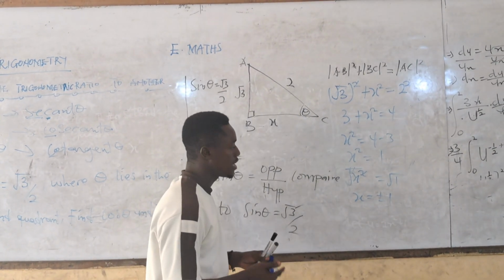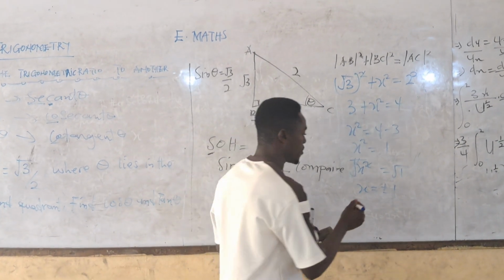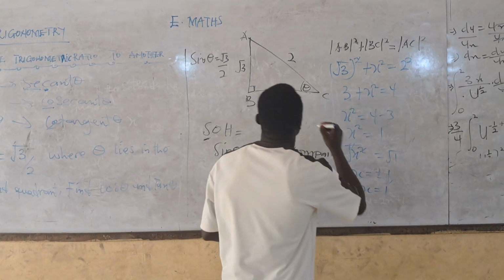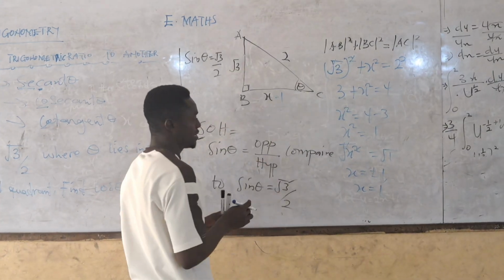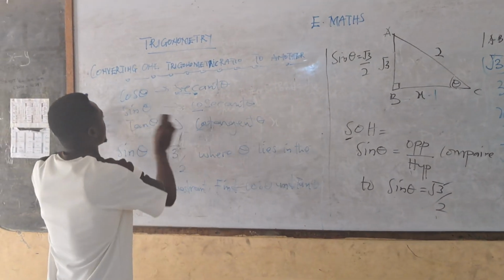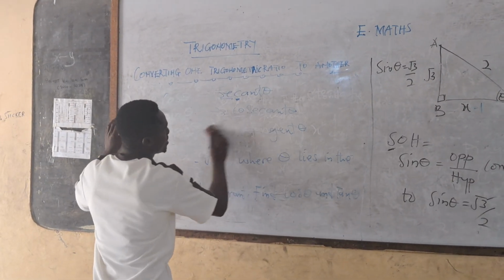If you take the root of 1, the answer is plus or minus 1, but we are looking for the positive one. So we conclude that x is equal to 1. Since we have found this side, now we can find what the question asked.